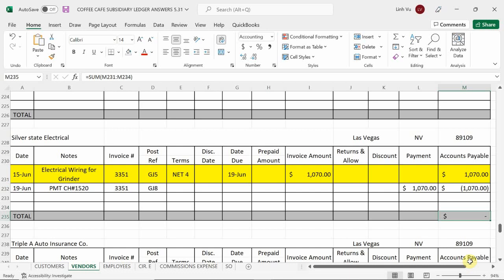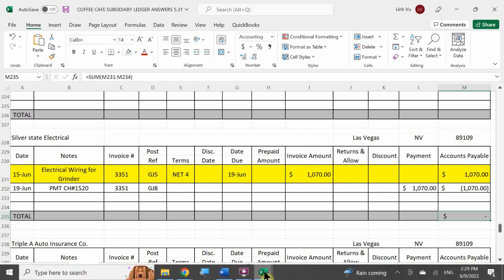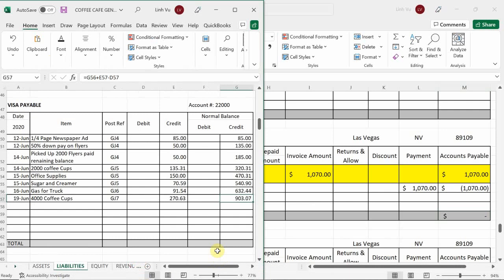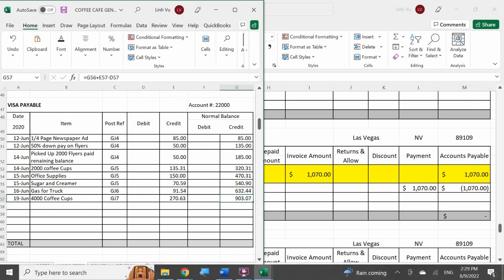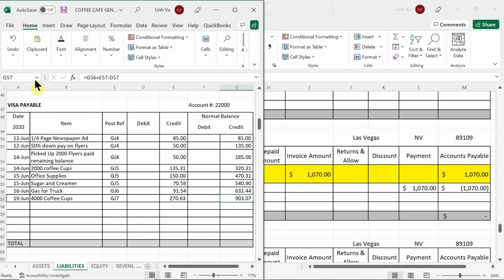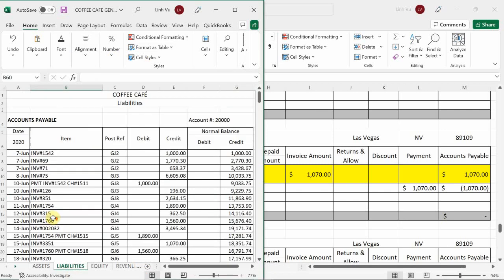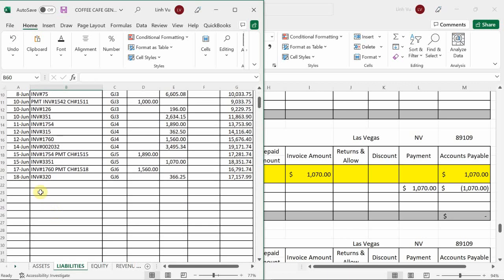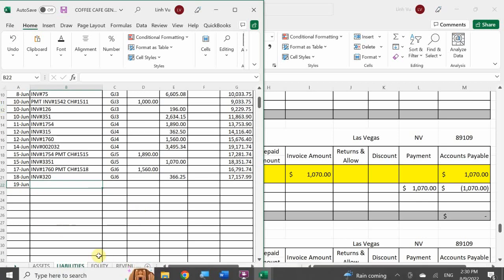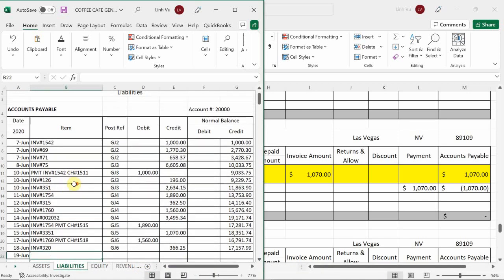And then we go back to the general ledger and update the accounts payable on the liability side. Here we are, accounts payable.